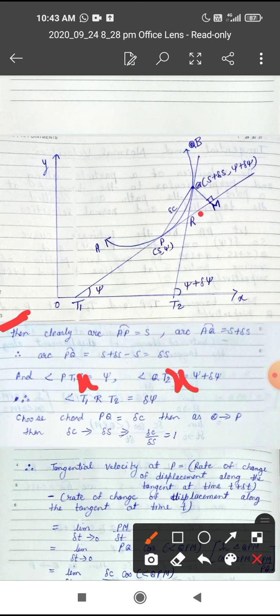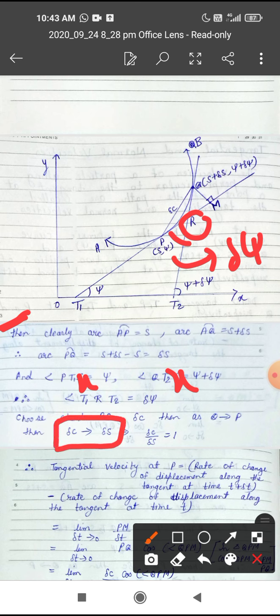Therefore, if we take this point as R, then angle T1RT2 must be equal to delta psi. Choose chord PQ equal to delta C. Then if the limiting condition is applied as Q tends to P, then the chord PQ tends to arc PQ, that is delta C tends to delta S. Therefore delta C by delta S is equal to 1.